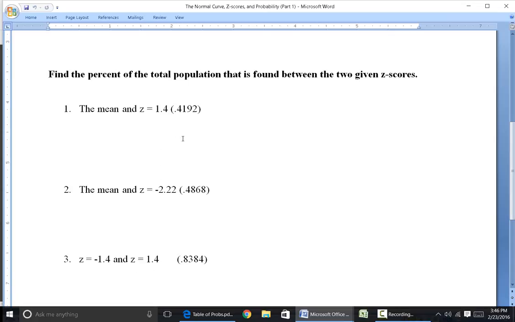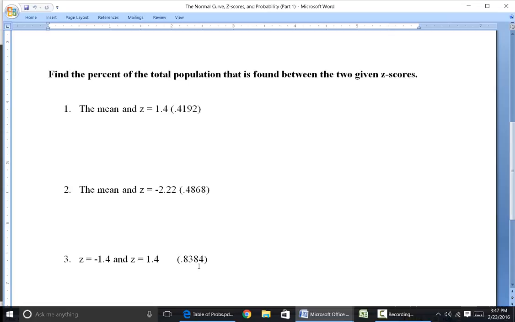Because it's asking you for percent, you would say the percent of the total population that is found between the two given z-values, in this case between negative 1.4 and 1.4, is 83.84%. Or if it's asking for a probability, I would give it as 0.8384. And of course, you can round off accordingly.